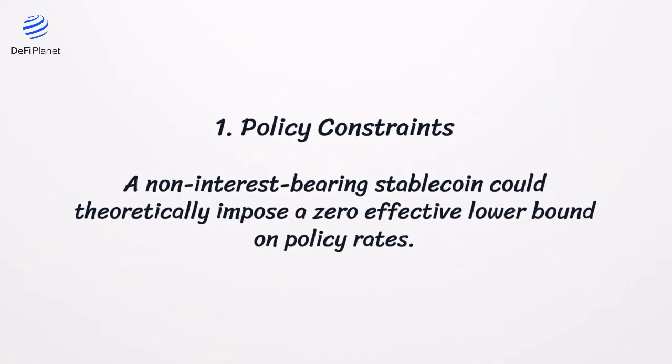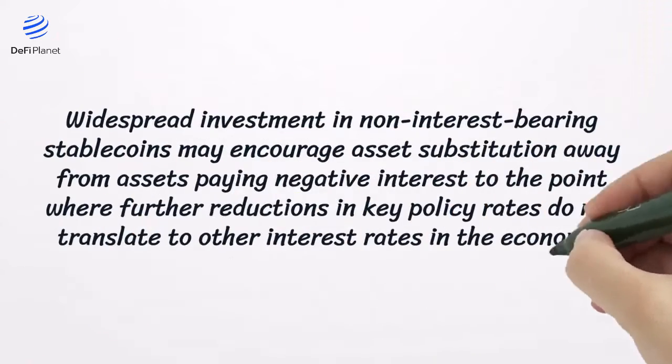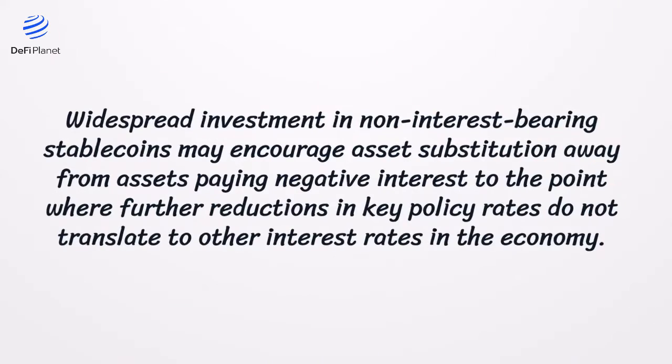A non-interest bearing stablecoin could theoretically impose a zero effective lower bound on policy rates. Widespread investment in non-interest bearing stablecoins may encourage asset substitution away from assets paying negative interest to the point where further reductions in key policy rates do not translate to other interest rates in the economy.